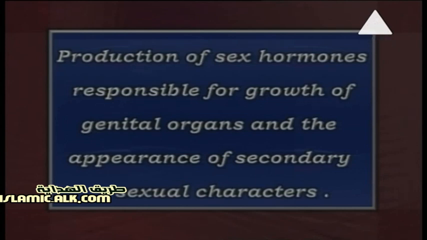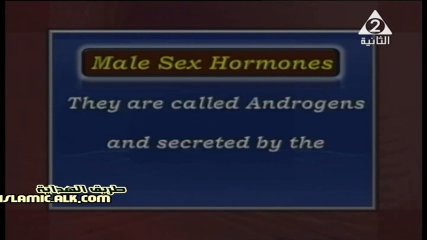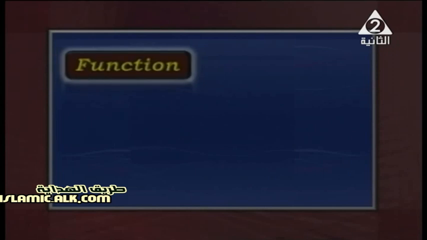Well, from the male sex hormones, the male sex hormone is called androgen, and it's secreted by the interstitial cells of the testes. We said its types: testosterone and androsterone.